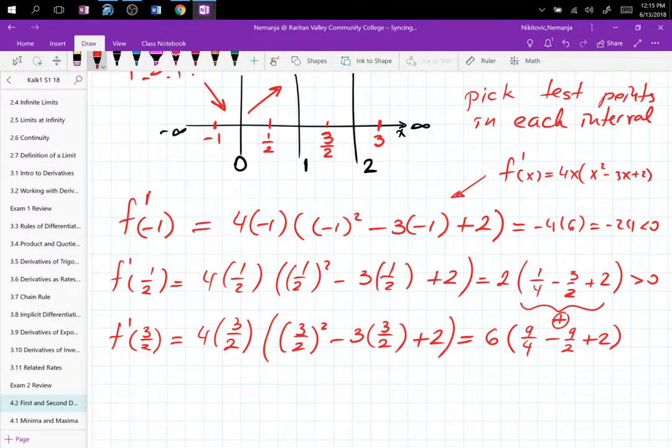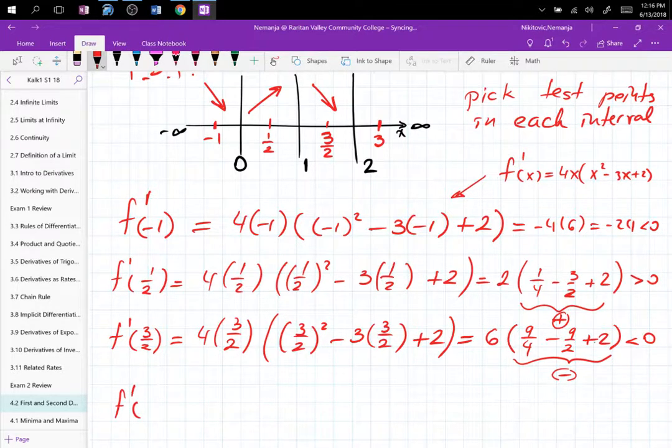Well, now 9/2, that's 4.5. So this is almost a 5. And the other two together are about 3.5. So negative is bigger. So this whole thing is negative. Now again, take the calculator, punch everything in if you care, and you will get values. So this is now decreasing.